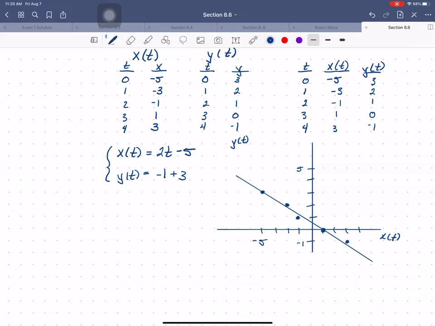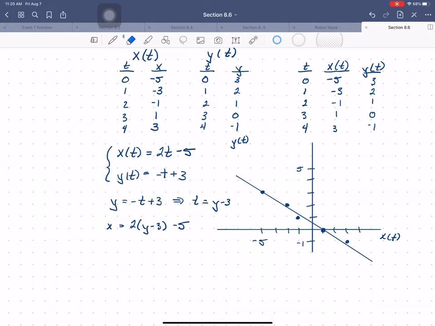We could actually eliminate the parameter and write y as a function of x. And we would do that by solving the bottom equation for t. So if I know that y equals -t plus 3, that means that t is going to equal y minus 3. And so now I can go into x. Right? And now this is a function that I can solve.